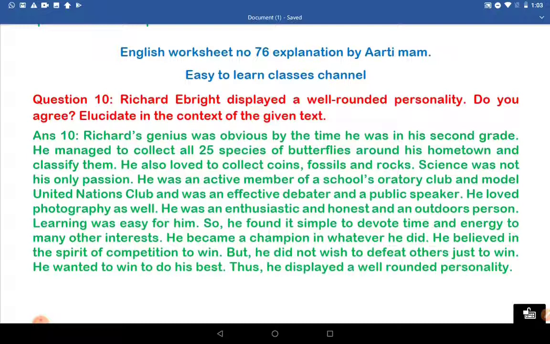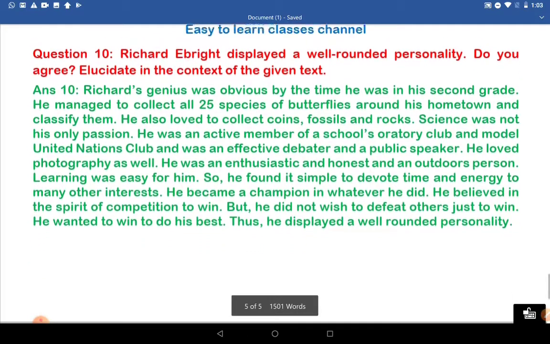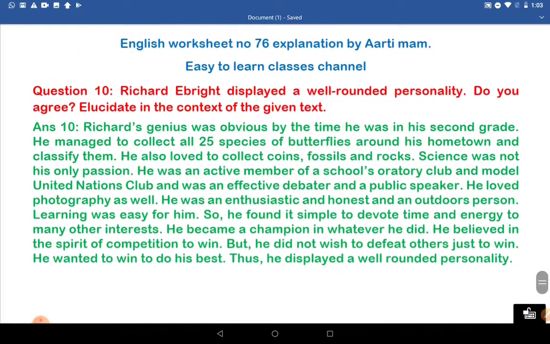He was an active member of the school oratory club and the Model United Nations Club, and he was an effective debater and public speaker. He loved photography as well. He was an enthusiastic, honest, and outgoing, outdoor person.